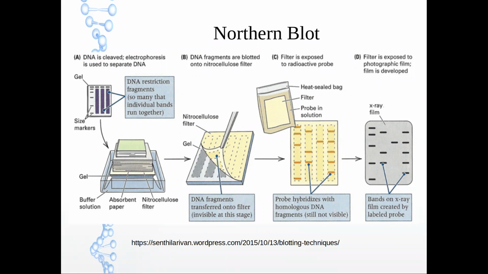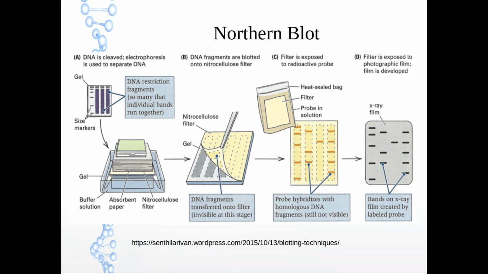Anyway, for the Northern blot, the same process applies. You transfer the fragments from the electrophoresis gel to a filter, a nitrocellulose membrane. Basically, nitrocellulose can hold your DNA without allowing it to move, unlike the gel. That's why we need to transfer it.